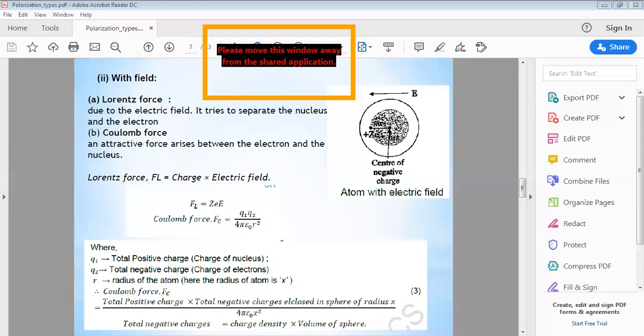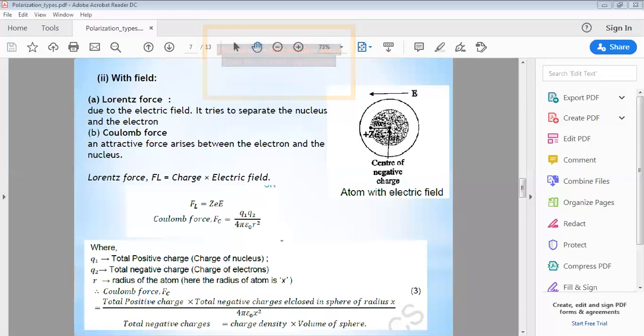Okay, the total negative charge we are going to calculate is given by charge density into volume of the sphere. Now the thing you should remember, the volume of the sphere is not 4 by 3 pi r cube, where r is the radius of the atom.